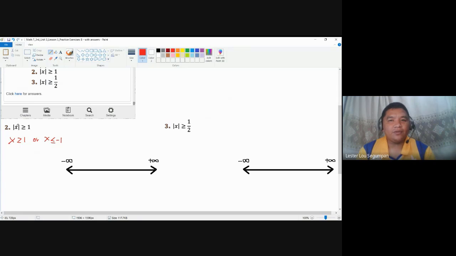Absolute value of negative 2 is positive 2, which is still greater than 1. And even negative 1, when taken as its absolute value, is positive 1. And since we have the equality symbol here, it still satisfies the given linear inequality forms. That would mean this combination here is already correct.